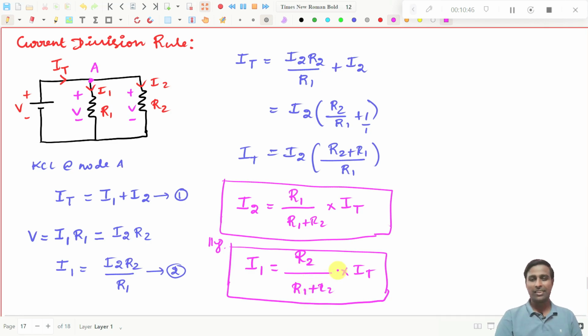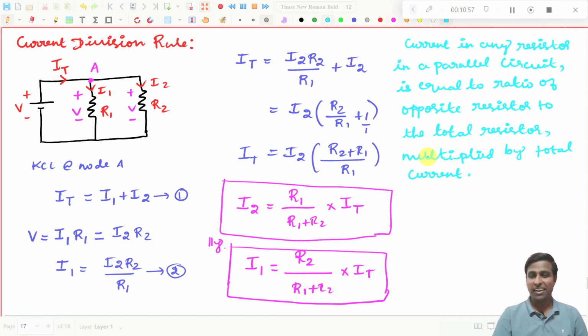Now I will generalize this. I have found I1 and I2 directly here, right? So I will generalize this and write the definition. Current in any resistor in a parallel circuit, which means this is connected in parallel, is equal to the ratio of the opposite resistor to the total resistor, multiplied by the total current.